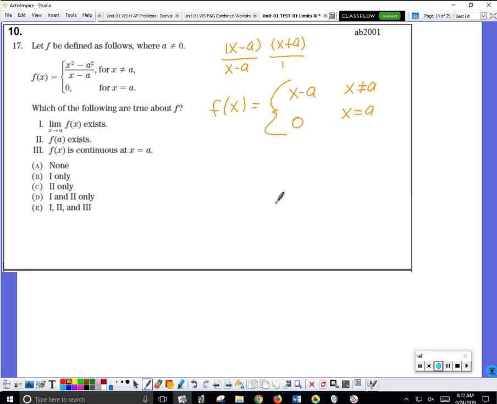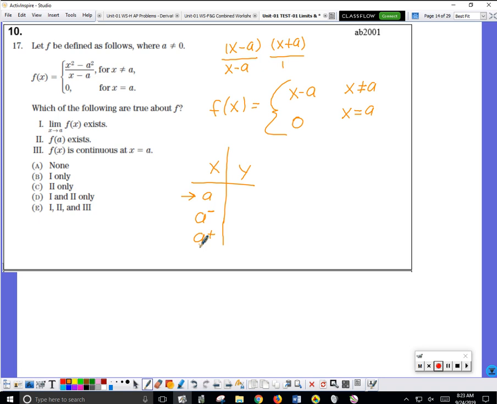So I'm supposed to find the limit as x approaches a, which means I'm supposed to figure out when the x-coordinate is getting really close to a, what's happening to the y-coordinate. So I want to think about x being a little bit less than a and a little bit more. But in either case, oh, I messed up here.